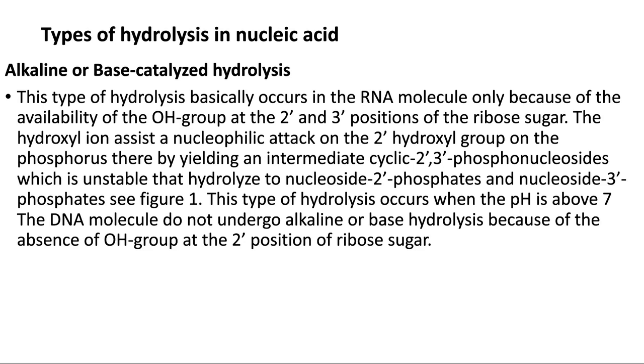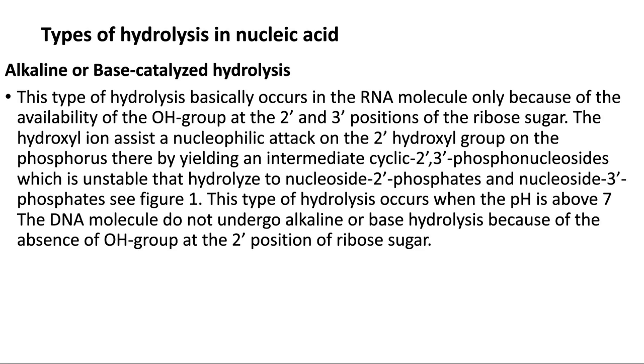The hydroxyl ion assists in a nucleophilic attack by the C2' hydroxyl group on the phosphorus, thereby yielding an intermediate called cyclic 2',3'-phosphonucleoside.